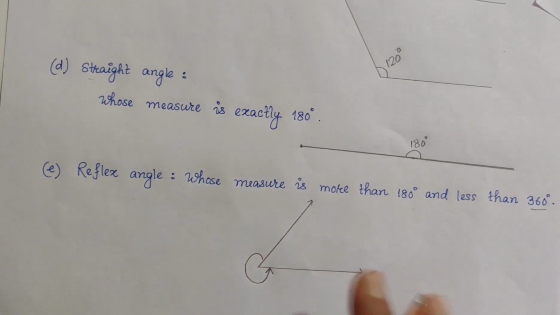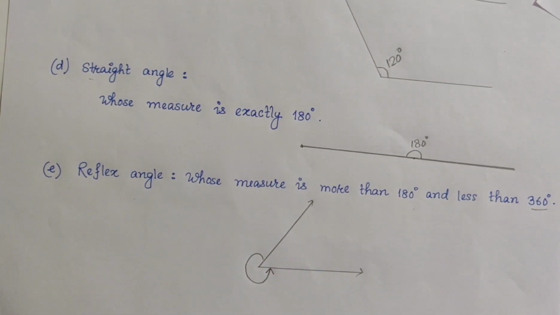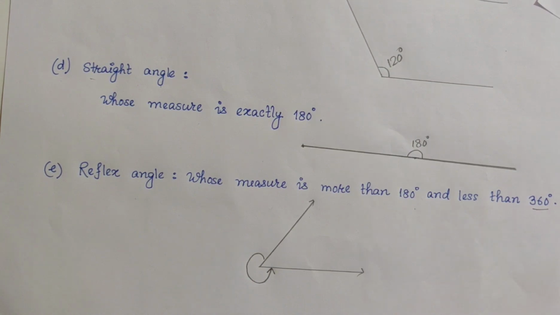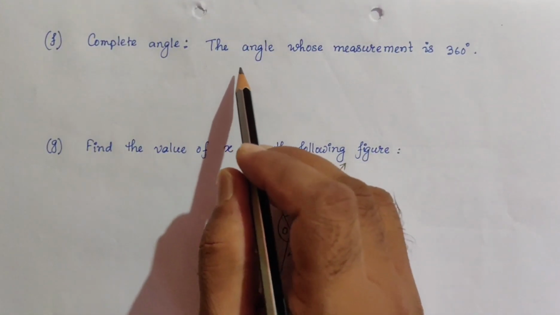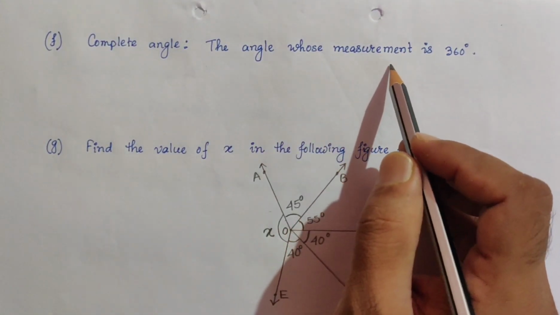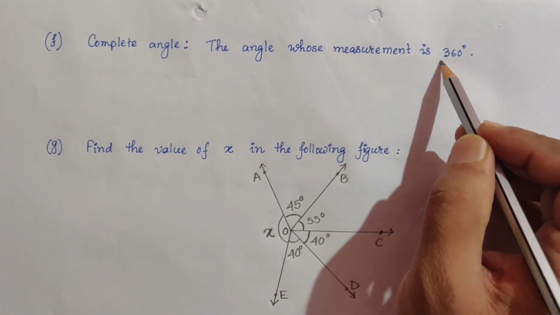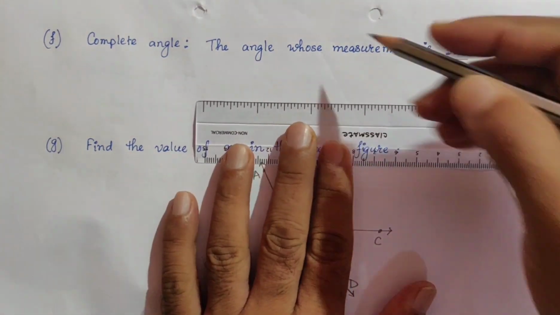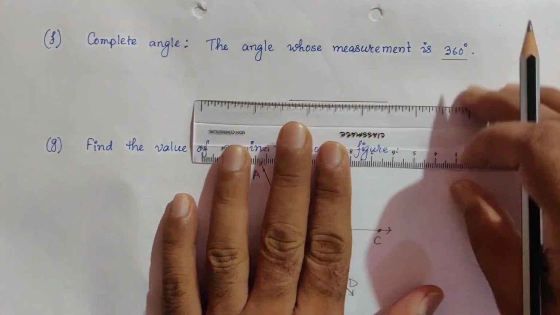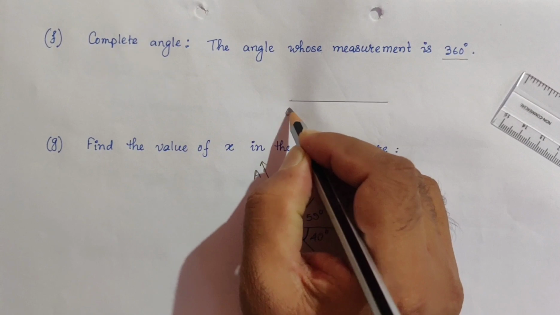To find the measurement of a reflex angle, first you have to know what is a complete angle. Complete angles are those angles in which the measurement of the angle is 360 degree. So remember, the angle whose measurement is 360 degree is called a complete angle. Suppose we draw a line segment here.